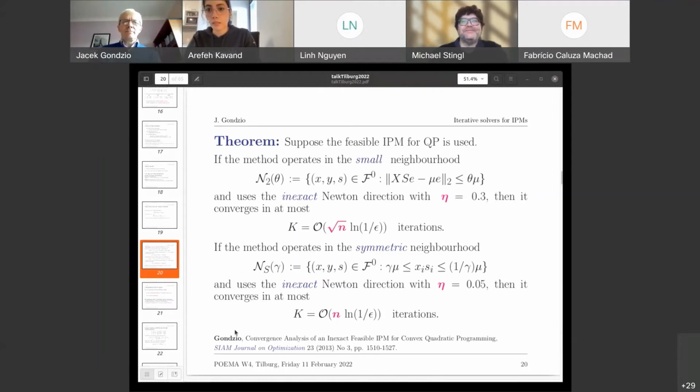Etienne? Jacek, I have a question. First of all, it's nice to see you again. So I just have a wondering about these results for the inexact Newton method. You cite a paper here dealing with convex quadratic programming.